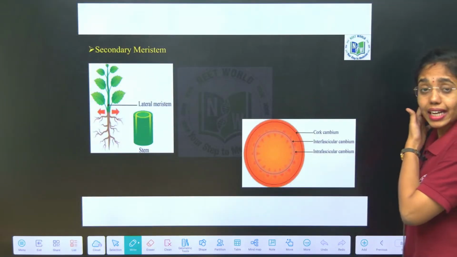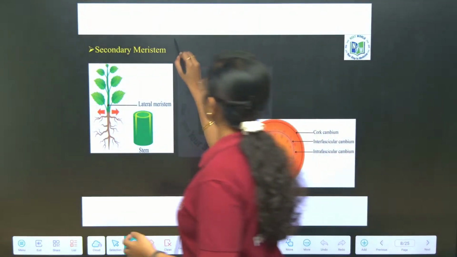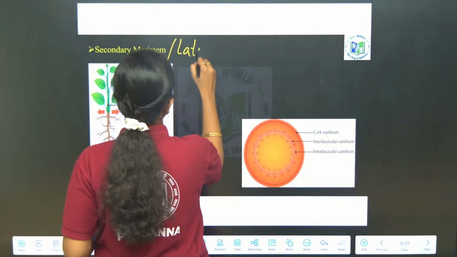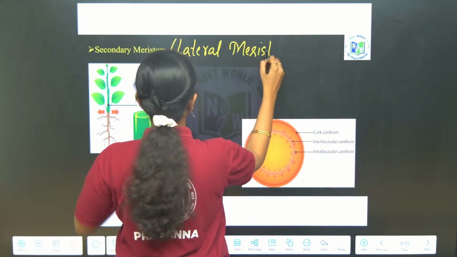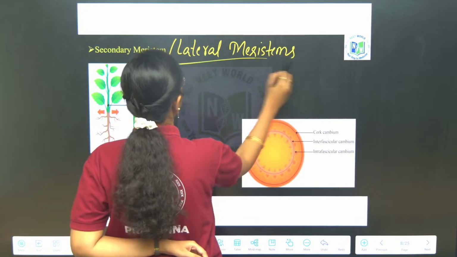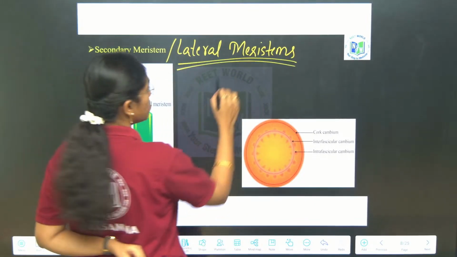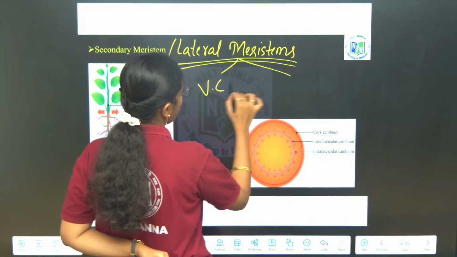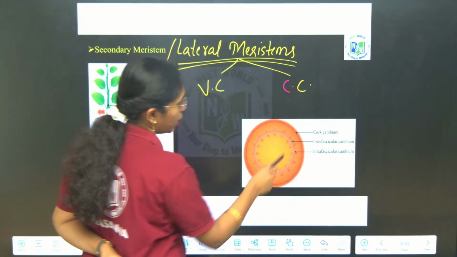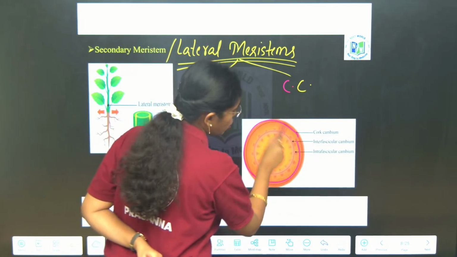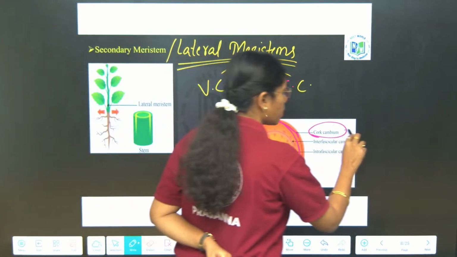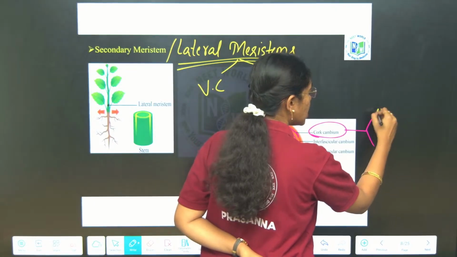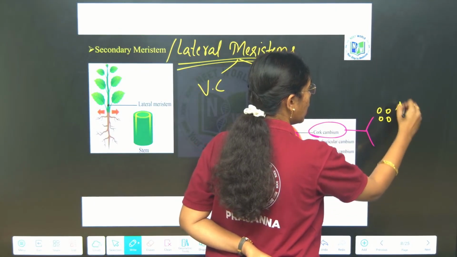Now, secondary meristems are lateral meristems. Secondary or lateral meristems. As we have discussed, we have two types of secondary or lateral meristems. Those are what, ma? Vascular cambium and cork cambium. Here you can see in the cortex region you have cork cambium. Okay, with the meristematic activity, few cells are formed towards the epidermis.